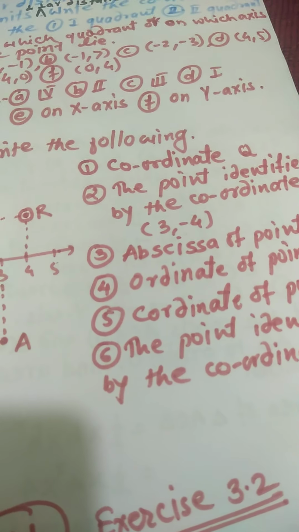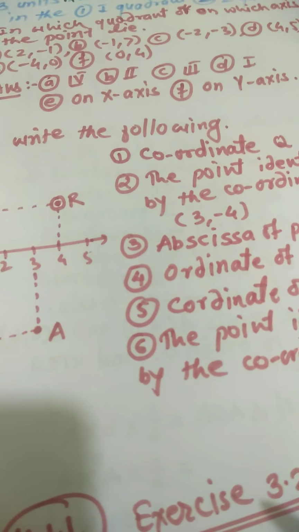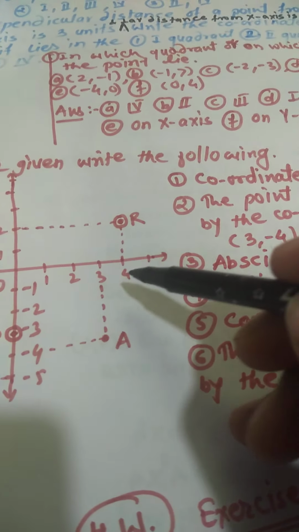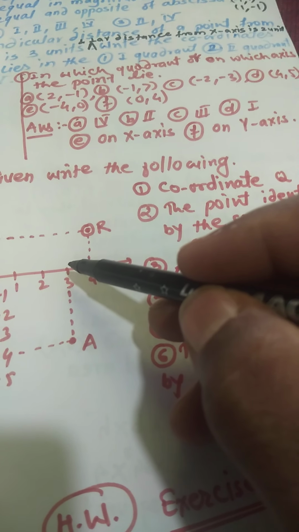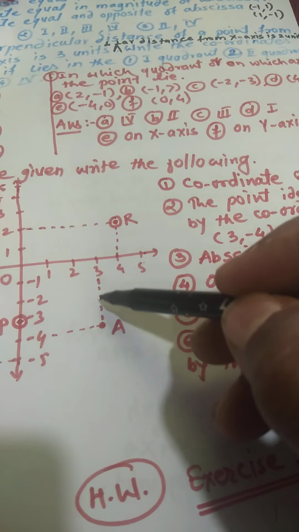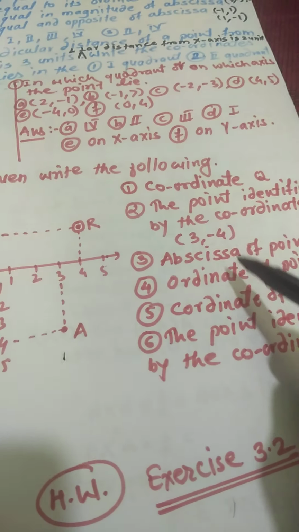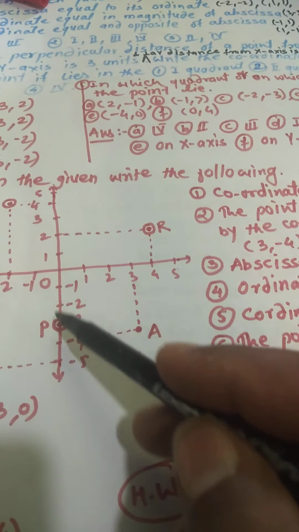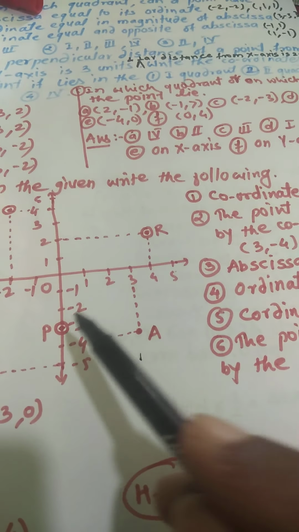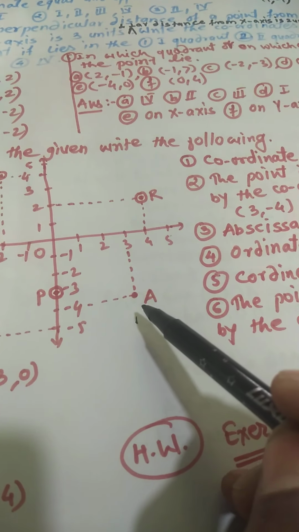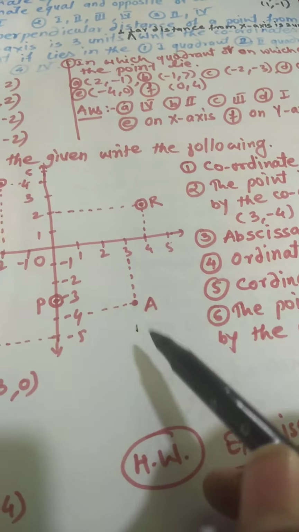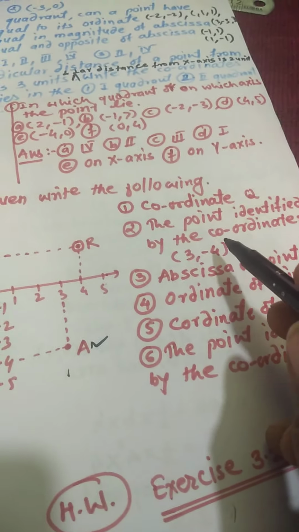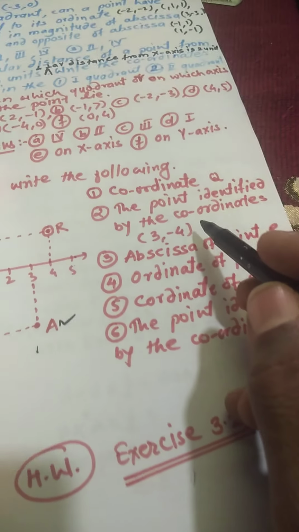Which point is representing this coordinate? From 3 we have to draw a perpendicular. See, 3. Then -4 on the y-axis. Wherever these two perpendiculars intersect, that is the point. So which point is that? A. So these coordinates are represented by point A.